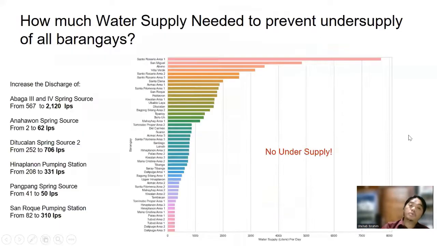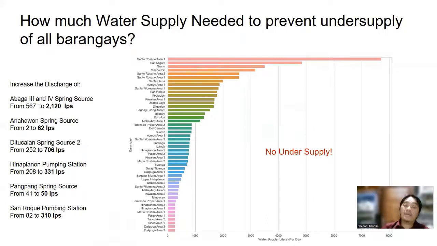So what we did here is we created a simple formula that will determine the minimum water supply to prevent undersupply of all barangays. What we found out is we need to increase the discharge of Abaga 3 and 4 spring source from 567 to 2,120 liters per second.